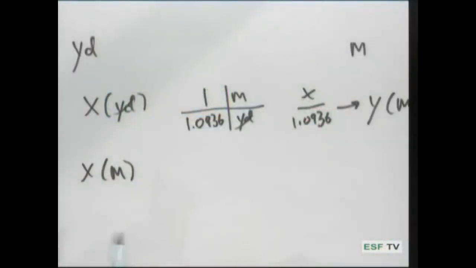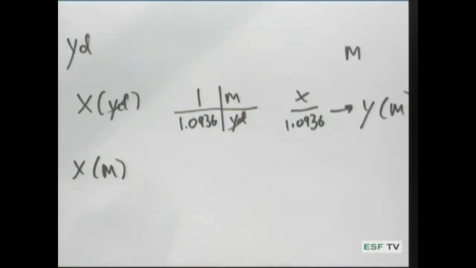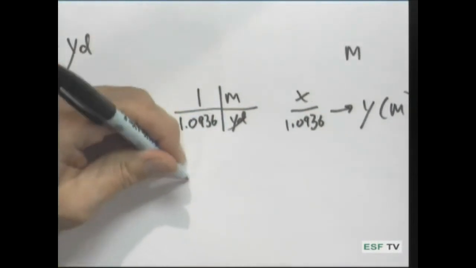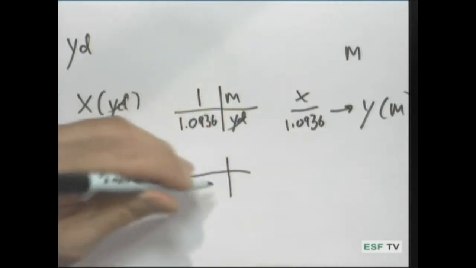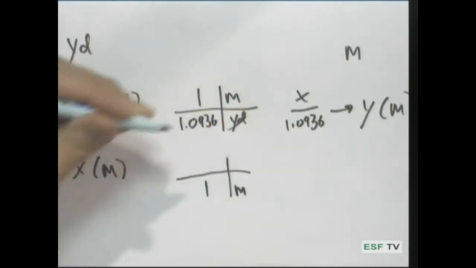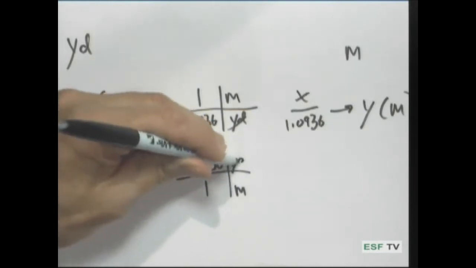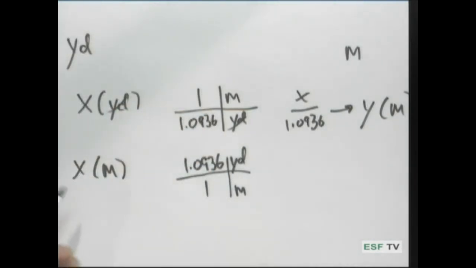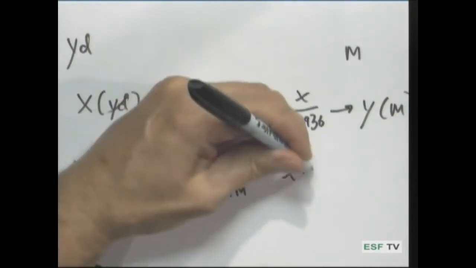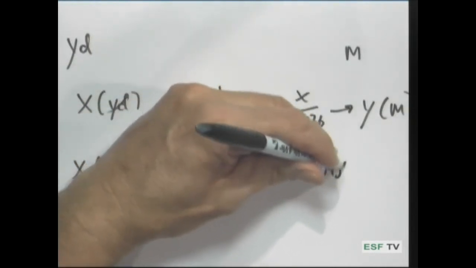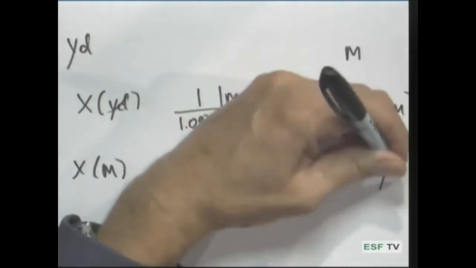And you can do it vice versa as well. If you have a quantity x that is measured in meters, you can simply turn this conversion factor around like we did before. You want your meters to be in the denominator, so you have 1 meter and 1.0936 yards per meter, and if you then take x and multiply by 1.0936, you're going to get a number y that is measured in yards.